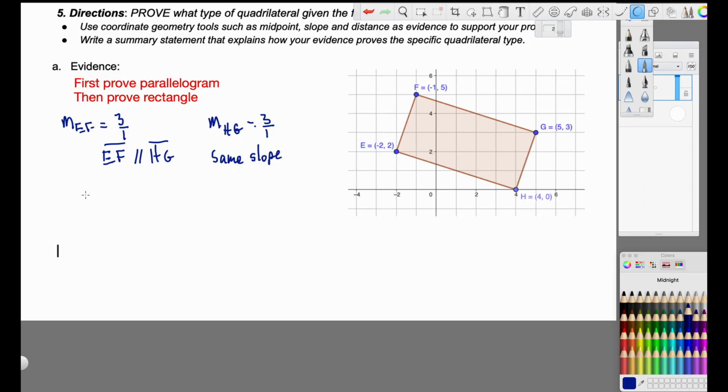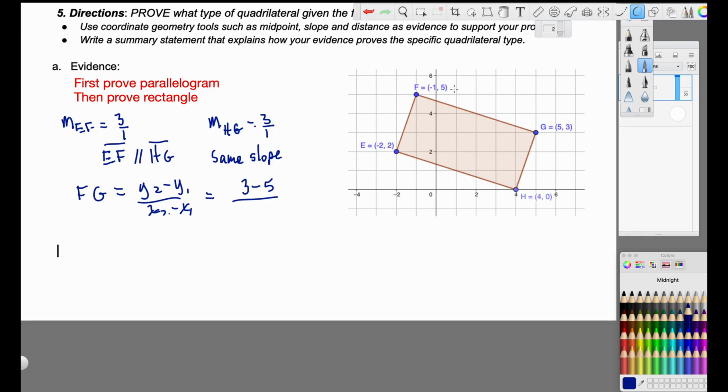Okay, let's do the same for F to G. Maybe this time I'll use the formula. So I know that y2 minus y1 over x2 minus x1 is the slope. So what do we have here? F. Let's get the y first. 3 minus 5.